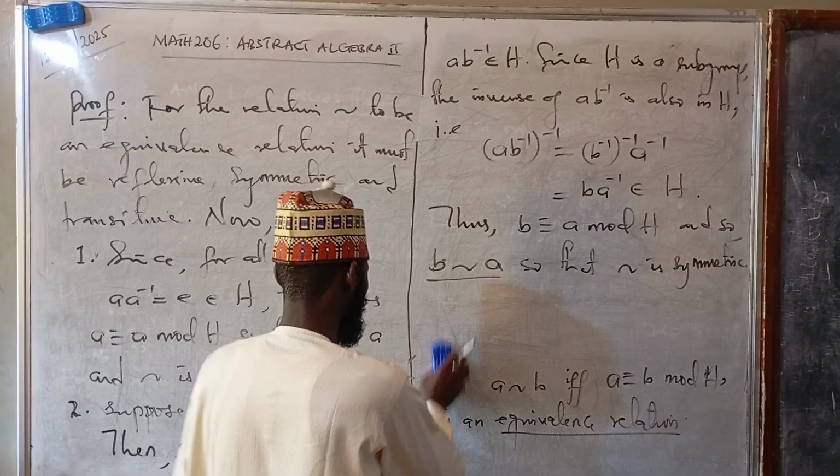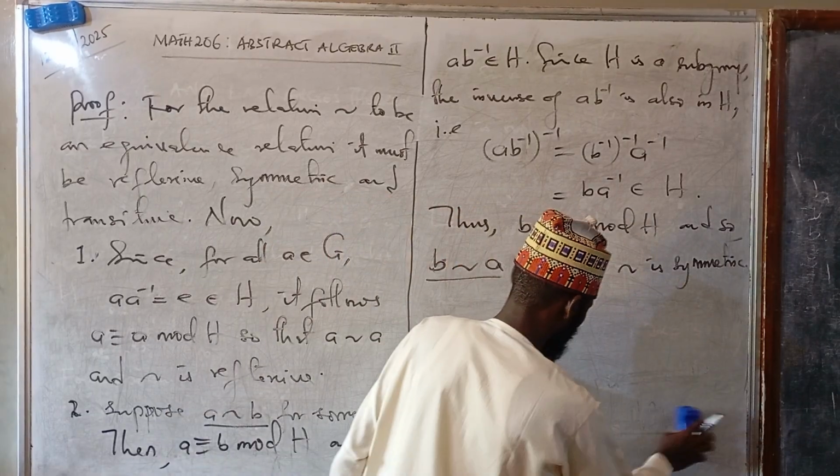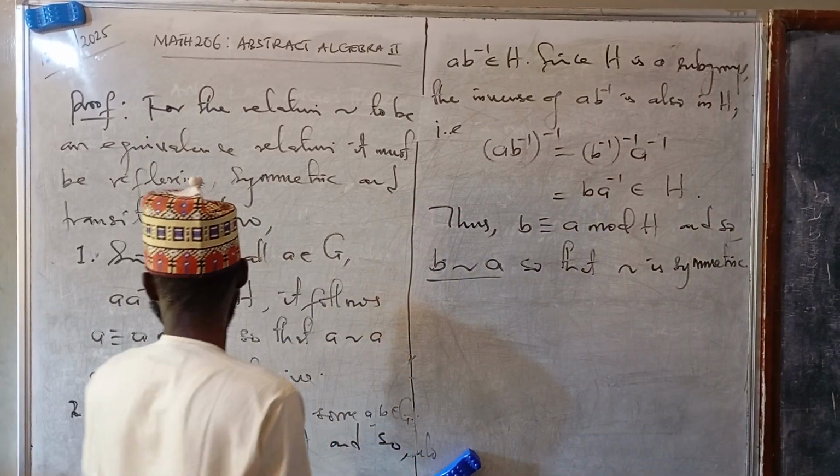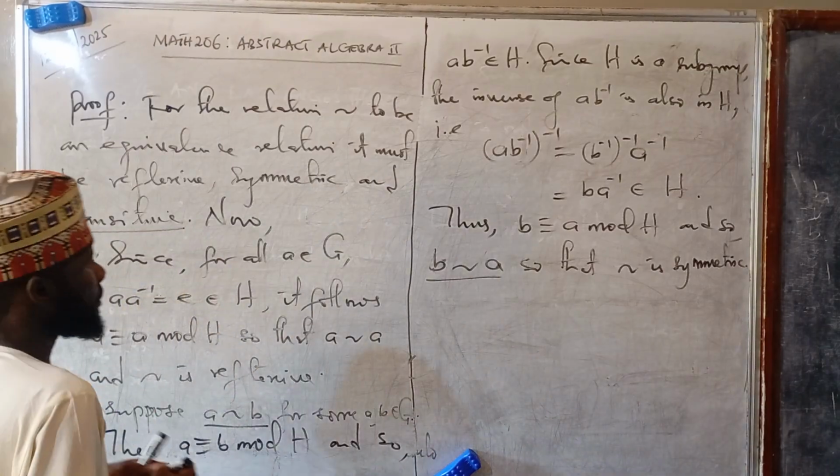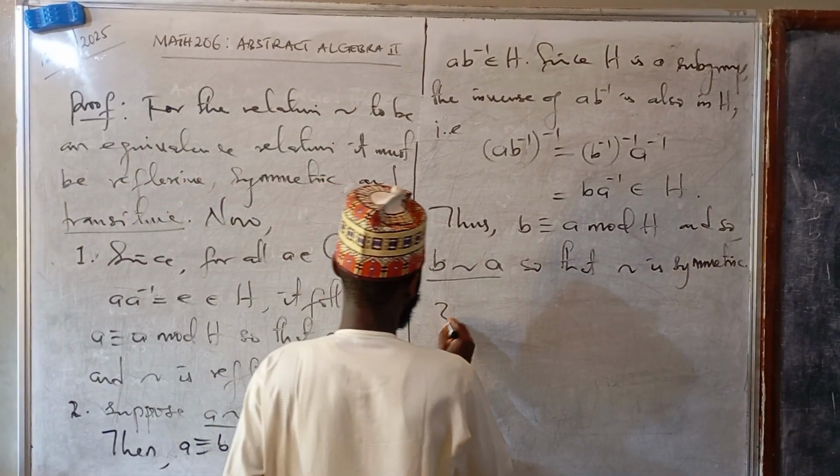The last property to check for this relation to be an equivalence relation is transitivity. We now check that the relation is transitive.